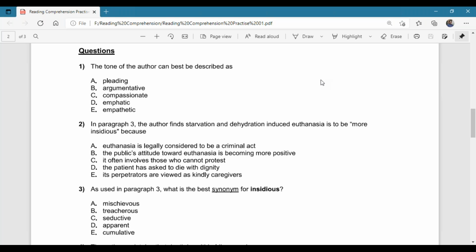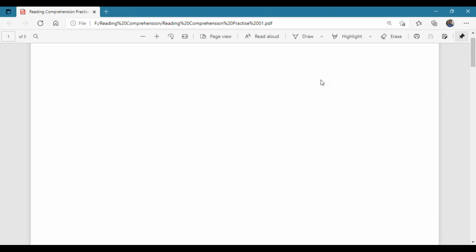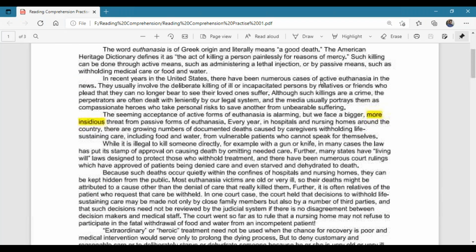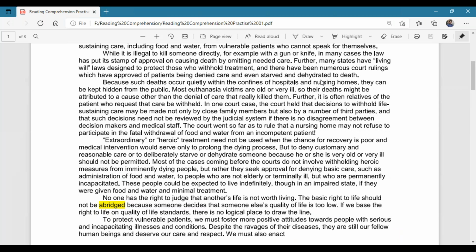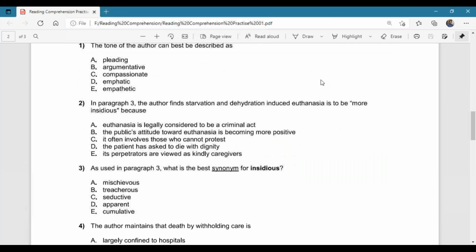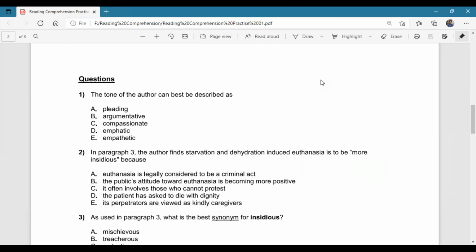In this particular reading comprehension, as I told you, please don't read the passage first, because you may lose the required time. Don't focus on the passage, focus on the questions. And among the questions, try to identify the questions which can be solved without looking into the passage at all. That means vocabulary based questions.